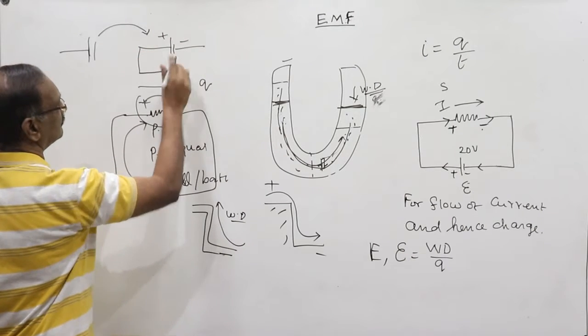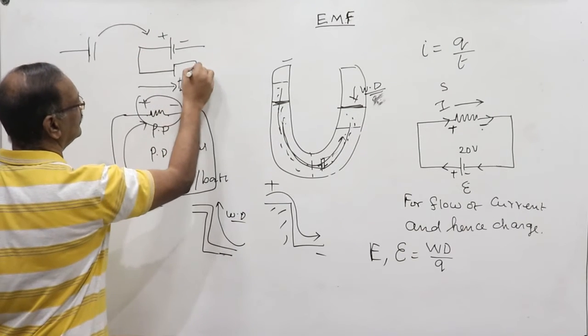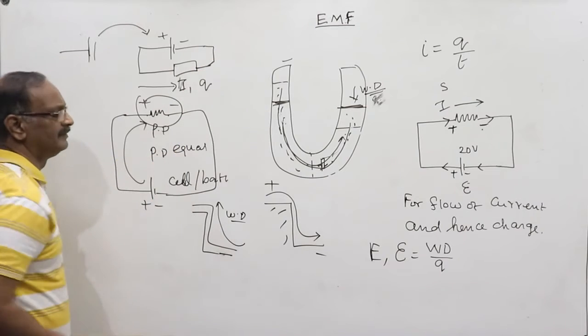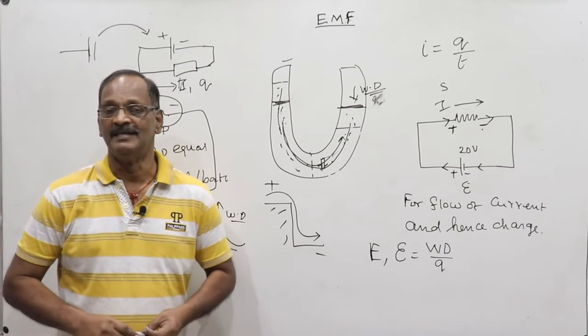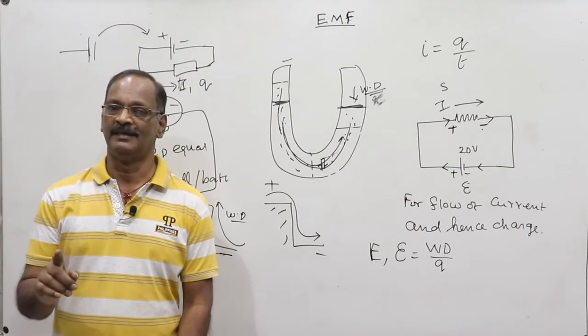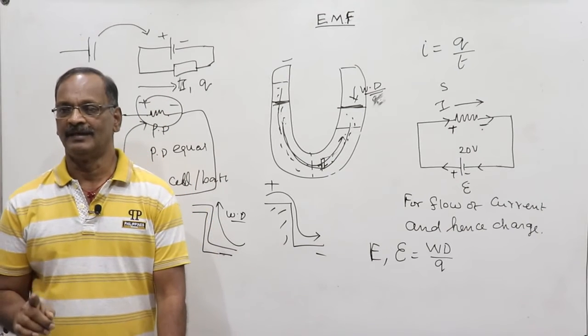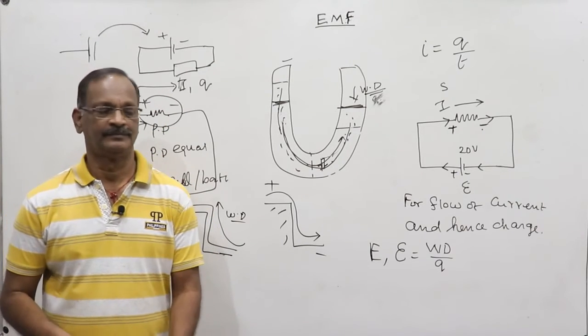The work per given time is called the EMF of the battery, where EMF is needed to create the potential difference and hence the flow of current or flow of charge.